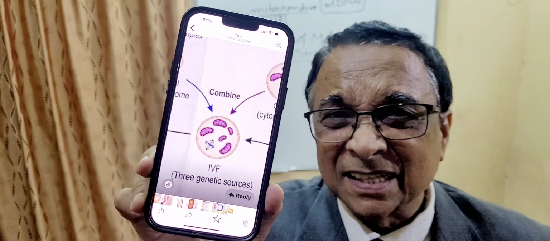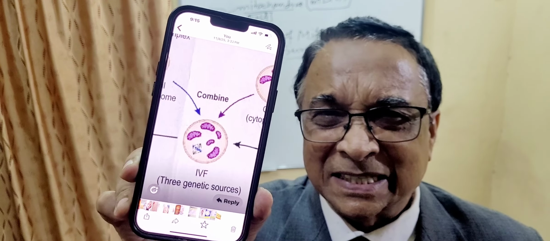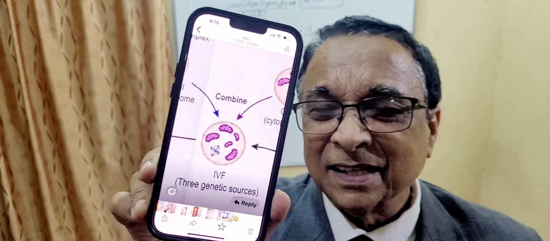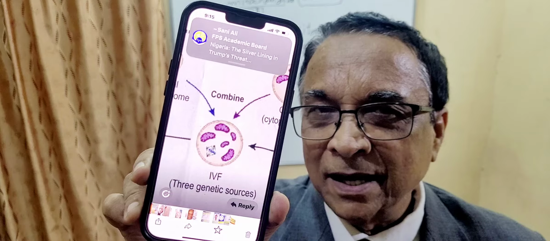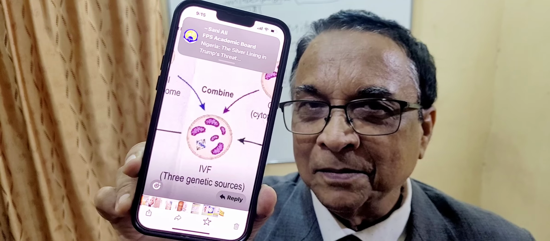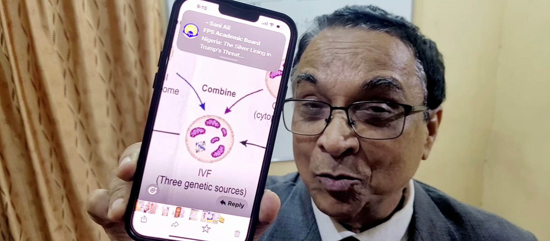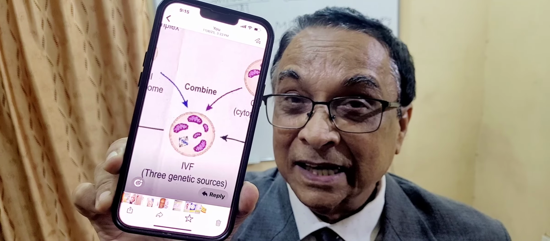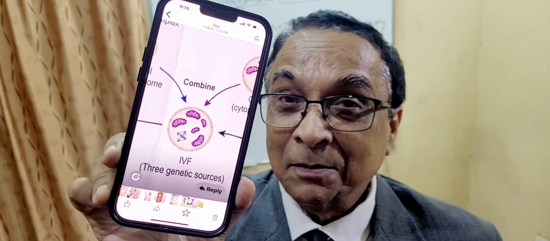Here in this zygote, the combination is very clearly shown, where there are normal mitochondria which they got from that lady, and the chromosome genetic material is from the one with defective mitochondria.